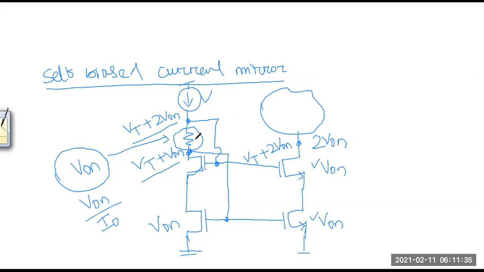Generally, the maximum value you can use is 10 kilo ohm. Okay, because if it is more, again the variation, all these things will be there. Due to the process variation, this is not a good thing, but overall, if you see, this is a better current mirror than the previous current mirrors. One current source you are using, and everything is okay.